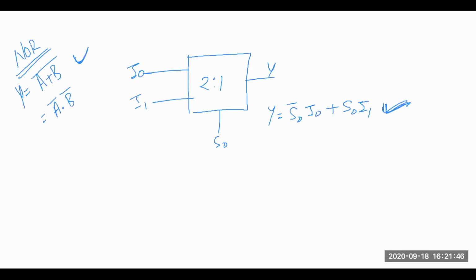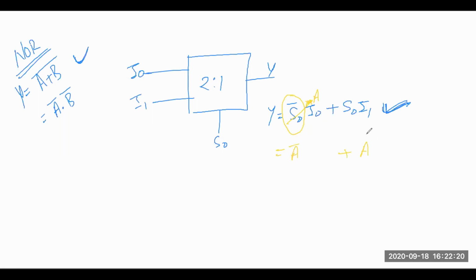If you see it carefully, you can do it in a number of ways, but here it's S0 bar, so if I take this S0 either as A or B, it will be much more convenient to design A bar dot B bar. Let's say I'm taking this S0 as A, so this will be my A bar, this is my plus, this is my A. Now I need to play with I0 and I1.